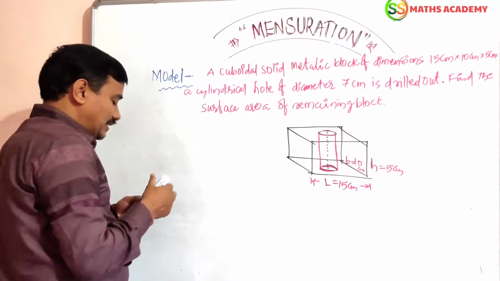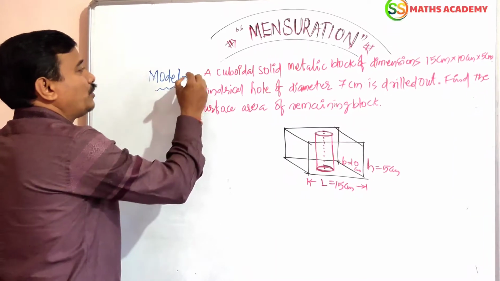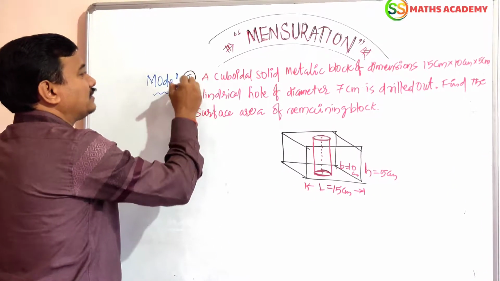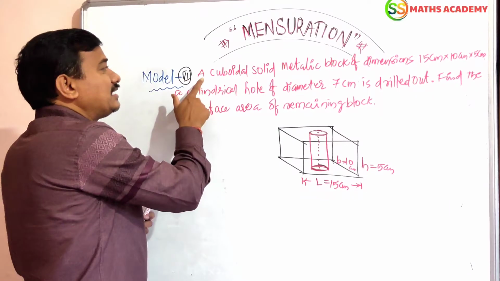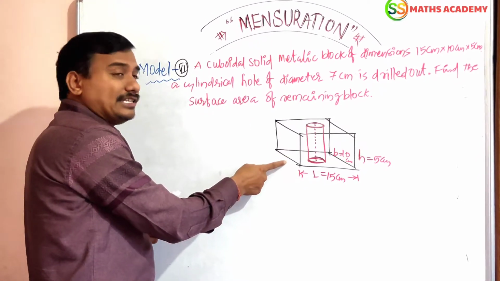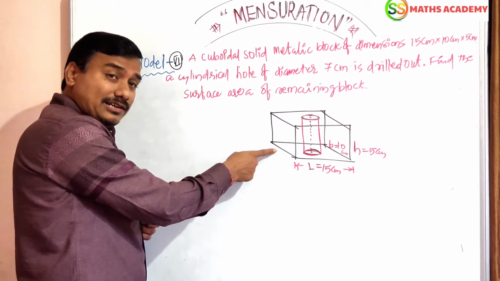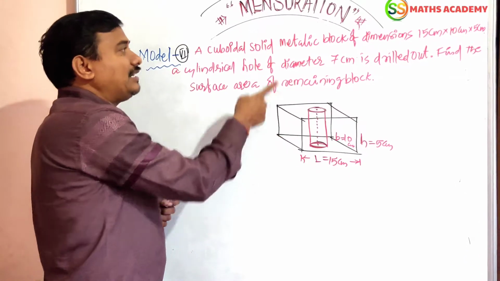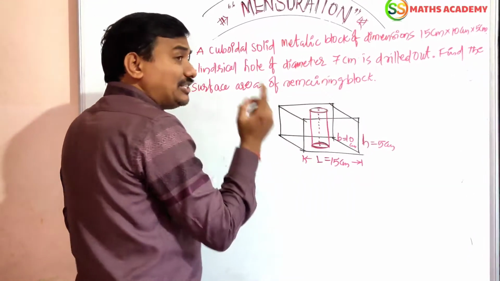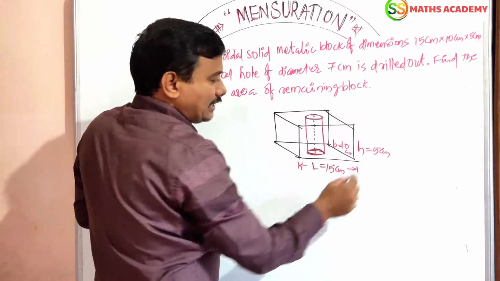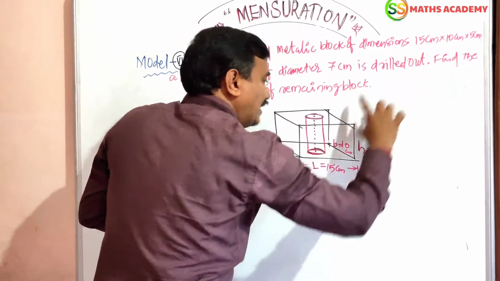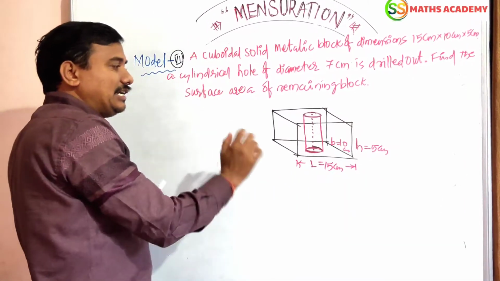Let us see. Yes, model number 6. Now we are going to discuss model number 6. Such a good question. The question is a cuboidal solid. In the given figure, a cuboidal solid metallic block has dimensions 15 centimeters length, 10 centimeters breadth, 5 centimeters height.